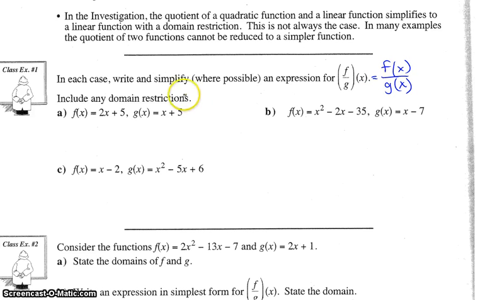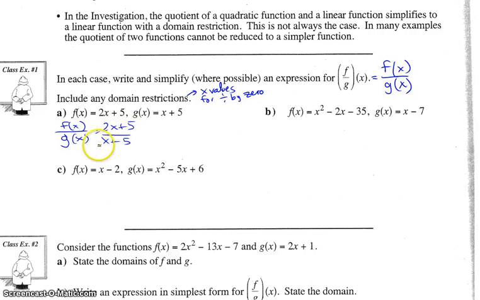So we have to look at x values for dividing by 0. We have f of x equals 2x plus 5, g of x equals x plus 5, so f of x divided by g of x would equal 2x plus 5 divided by x plus 5. Simplify. Well, I don't see any x squared, so we can't factor a trinomial.